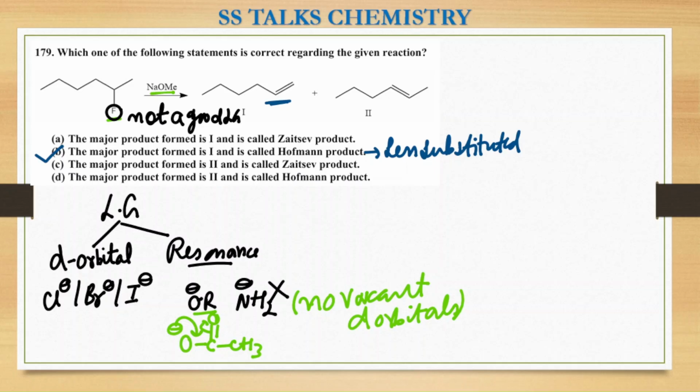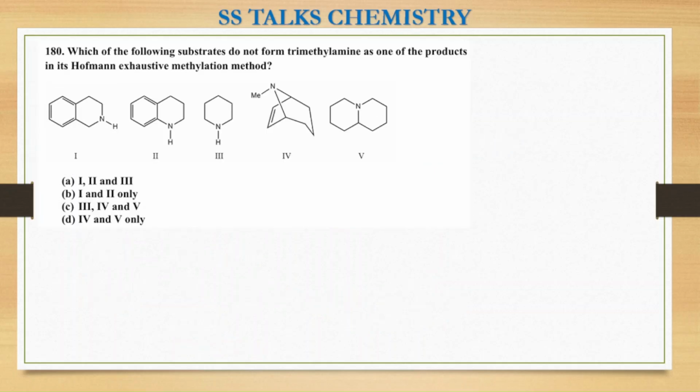The next one we have is this question. It says, which of the following substrates do not form trimethylamine as one of the products in the Hofmann exhaustive methylation method. So in the exhaustive methylation method, what we generally do is we take the amine species and we treat it with methyl iodide, and that results in the formation of the alkene species generally.